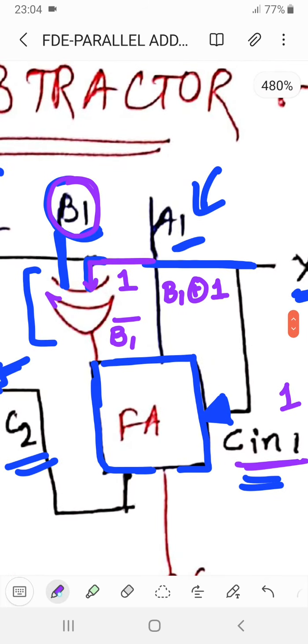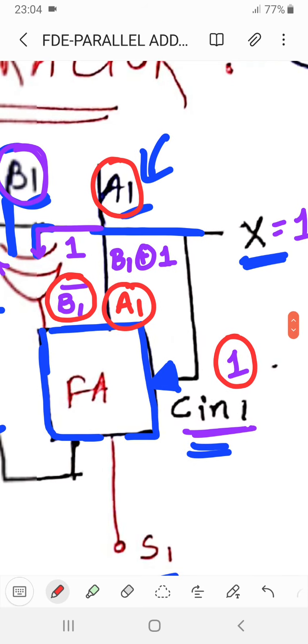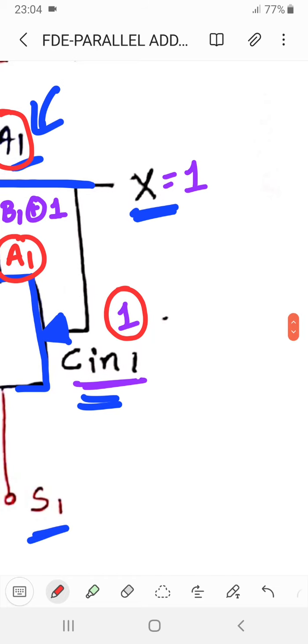Now let me check the inputs. So B1 bar is one of the inputs. That's A1, our regular input, and in this case your carry in is also present as a 1. So automatically I can say what happened: my A1 is here, my B1 bar is here, and I am also adding the carry 1.